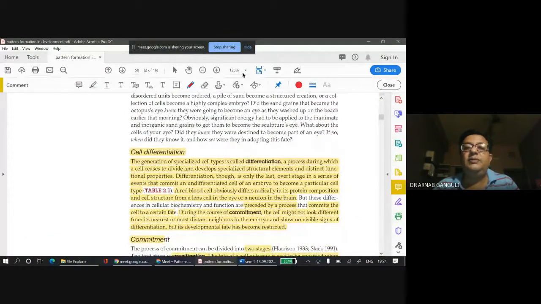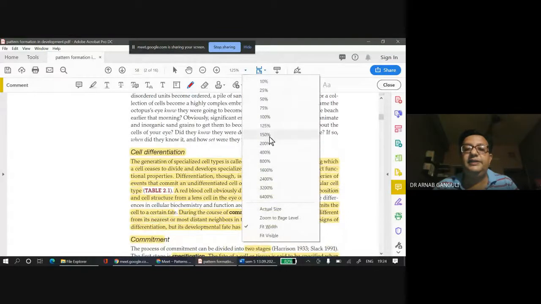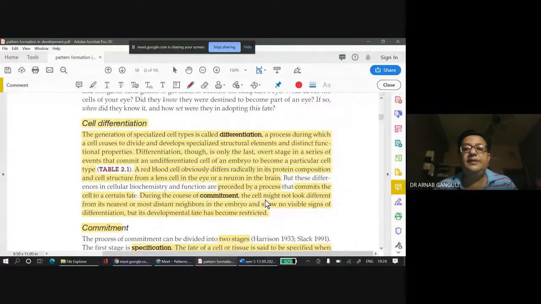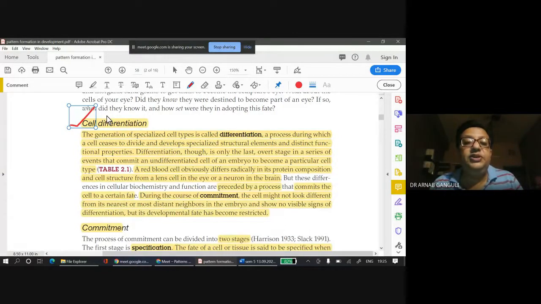So let us talk about the first thing, that is cell differentiation. So what is cell differentiation? The generation of specialized cell types is called differentiation. It is a process during which a cell ceases to divide and develops specialized structural elements and distinct functional properties.